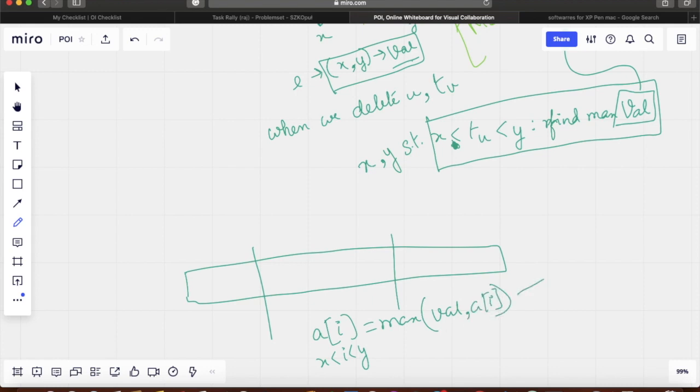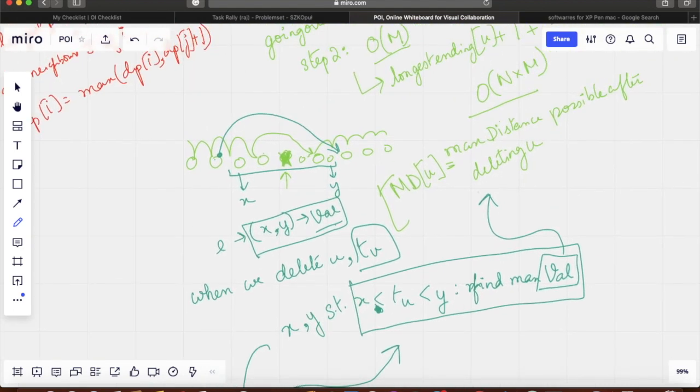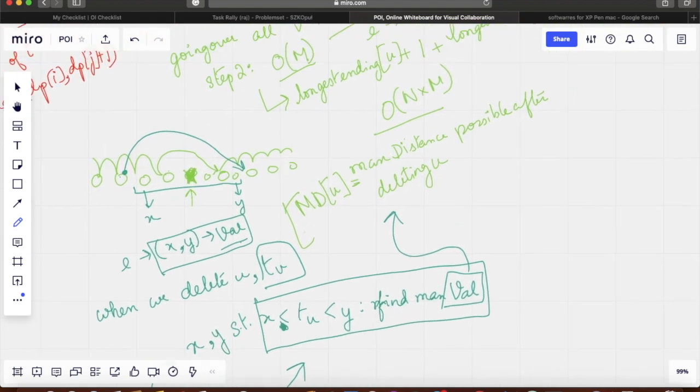This query you can support using a lazy segment tree. So for every edge you have this range where you make this max value, and then when you get a query tu, you just look at the tuth index and find what is the max value. So this corresponds to this, which again is what we are looking for, right? Maximum distance of u.